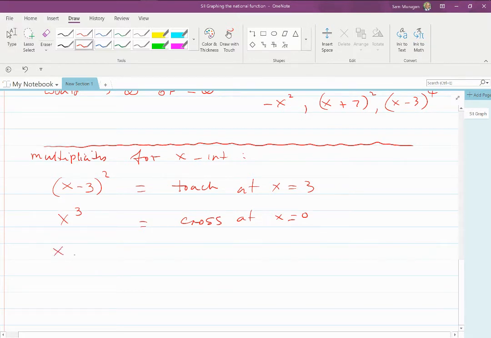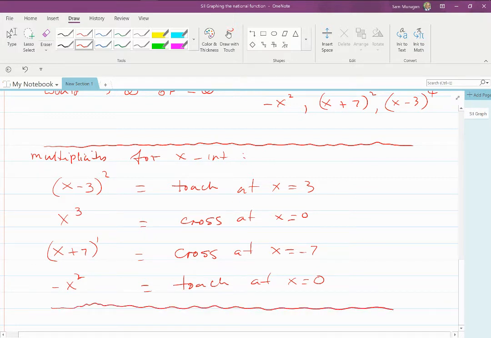If it had, say, x plus 7 to the power 1, it would cross at x is equal to negative 7. Or if it had, say, negative x squared, it would touch at x is equal to 0. So two different types of multiplicity we're talking about. One is for the vertical asymptote, and one is for the x-intercept.